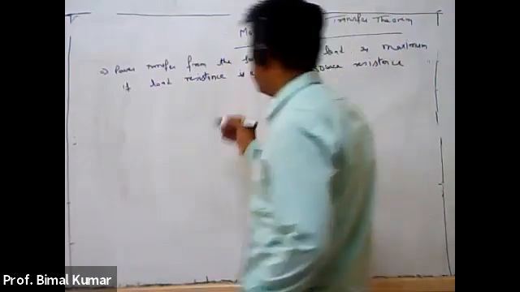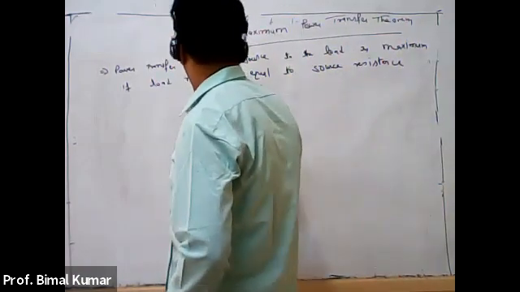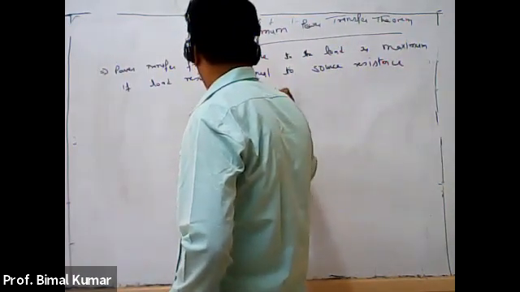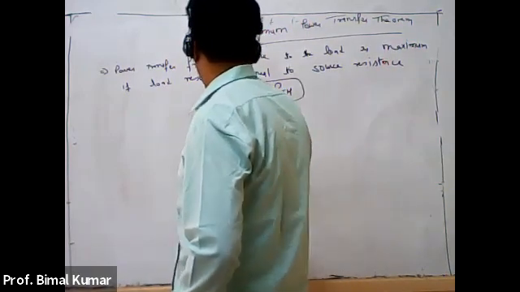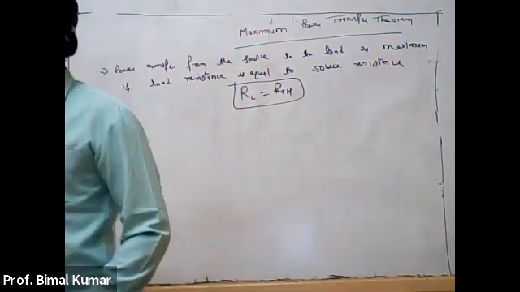Right? That means RL is equal to R Thevenin. So R Thevenin is the source resistance.